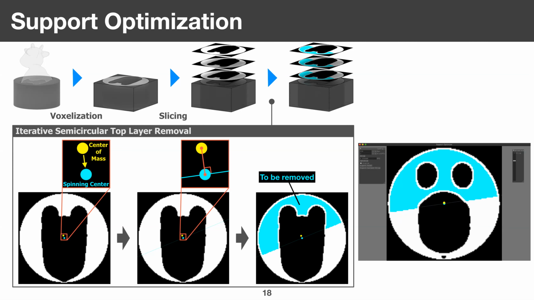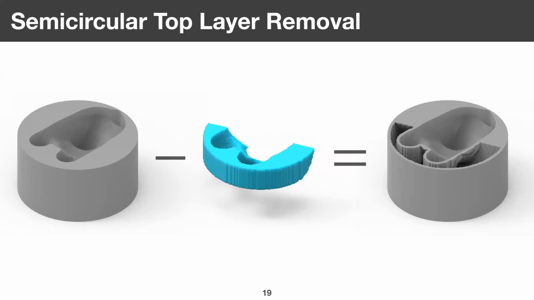So we calculate the bisector of the support and remove the blue colored boxes. By iterating these removal steps, the center of mass is gradually moved to the spinning center. Finally, we subtract the boxes from the support model to generate the support model with optimized mass distribution.